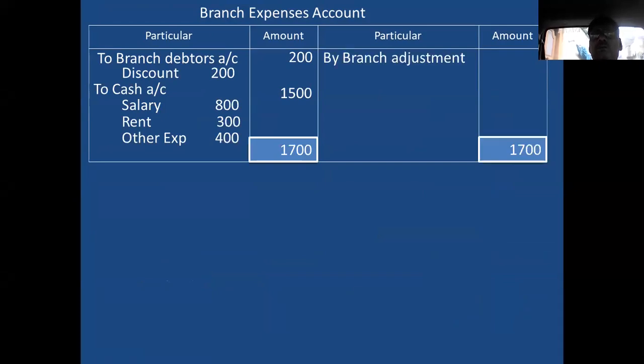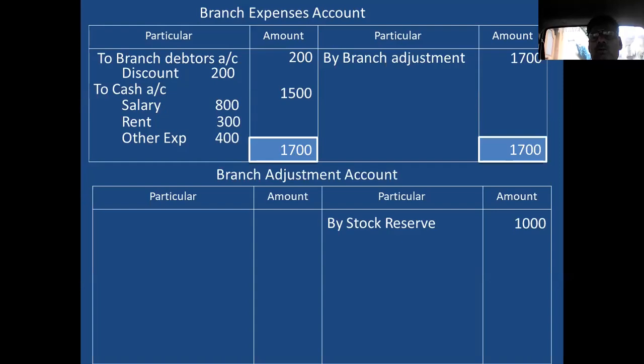So this total goes to the branch adjustment account. In the branch adjustment account, first you take the loading on opening stock. Opening stock is 5,000; on the 5,000, 1/5 is 1,000. Second is loading on goods sent to branch, 3,200.